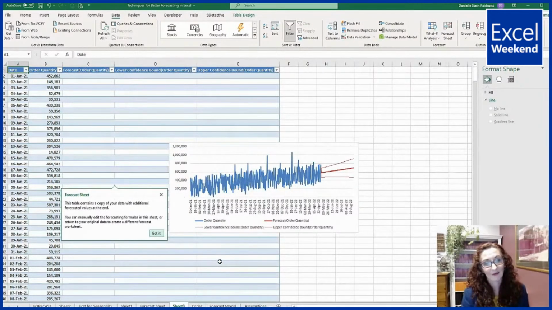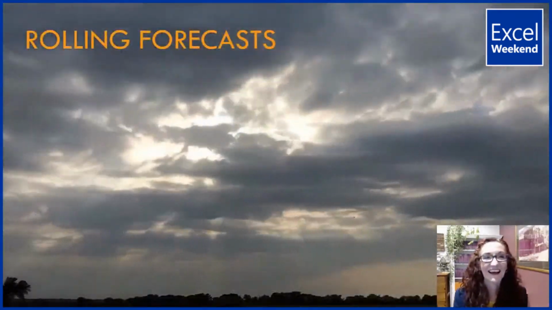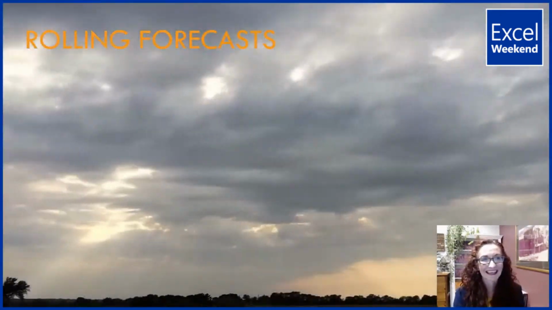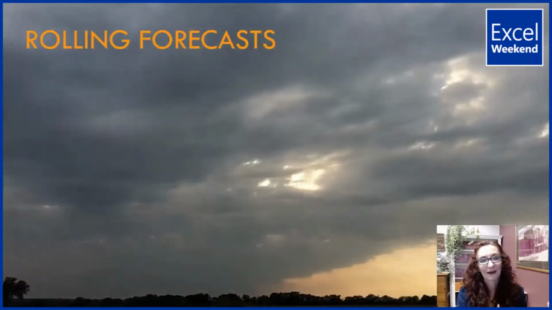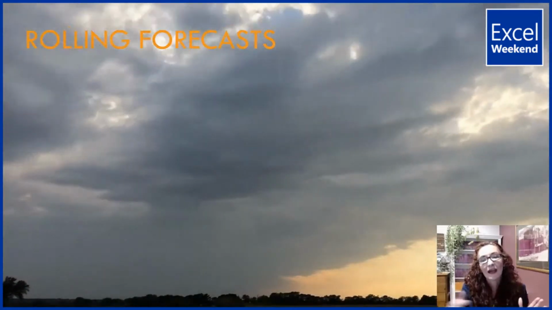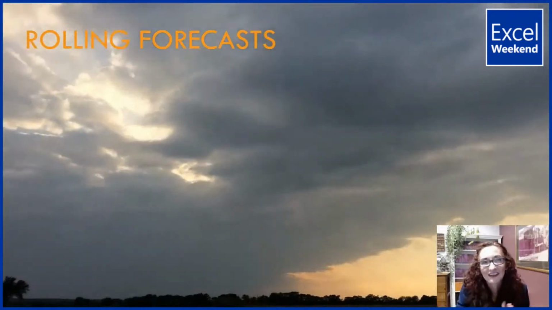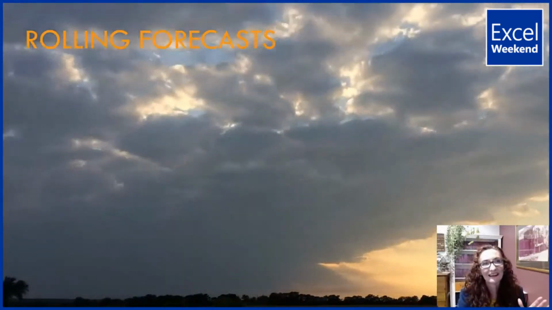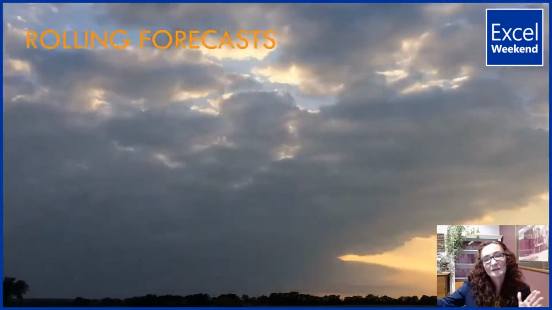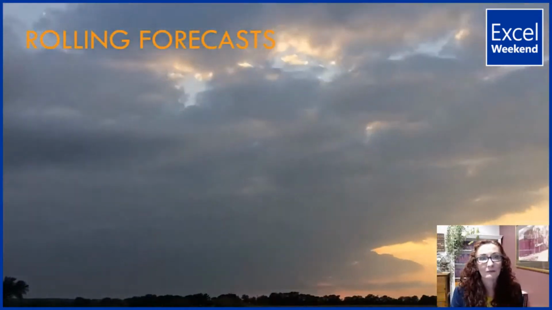Okay, so there you go, there's another way to do it. And the last thing I would like to talk to you about today is rolling forecasts. Rolling forecasts are a great way of taking a look at what the future is going to look like. As our actuals roll in, we are constantly going to be looking out for a 12-month period.